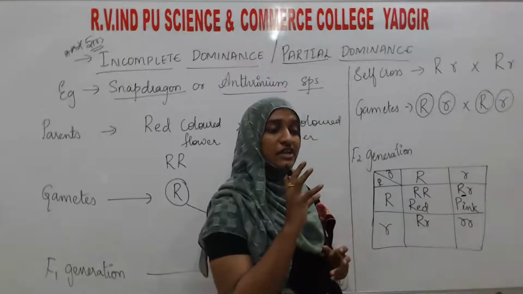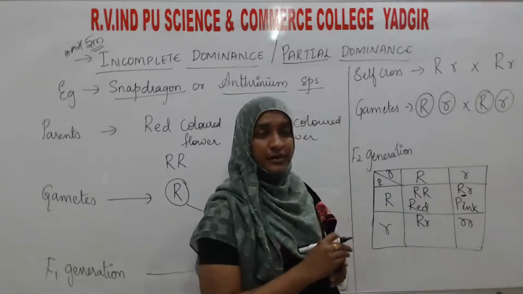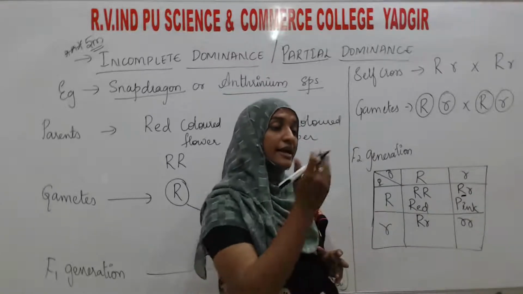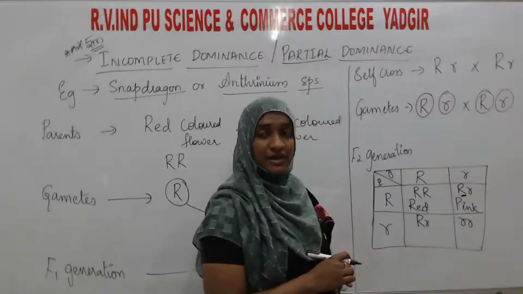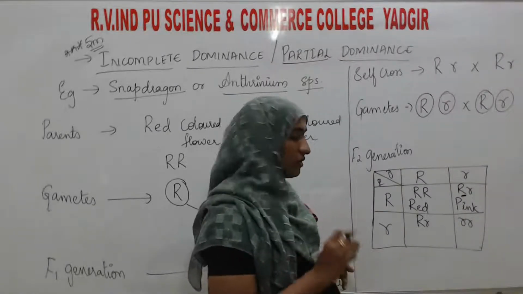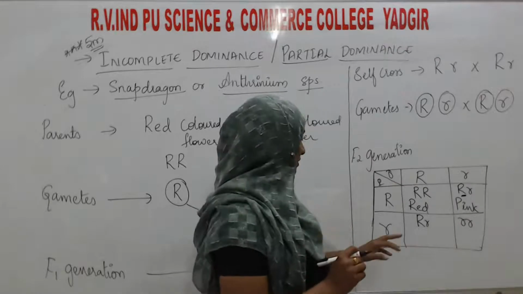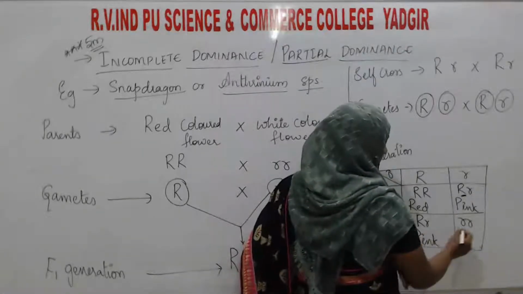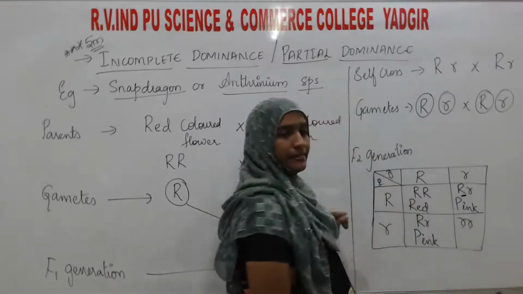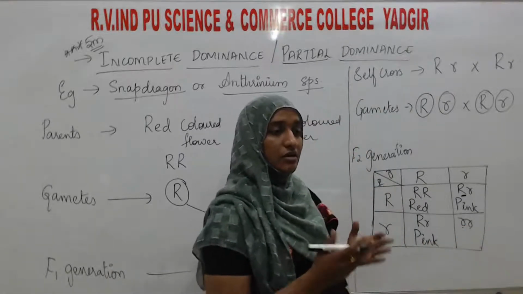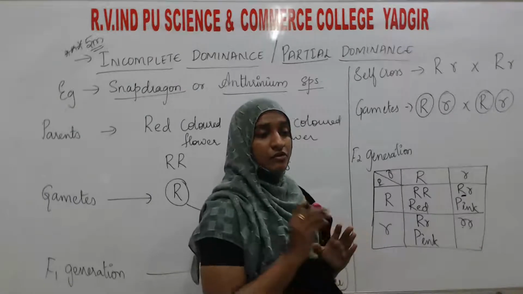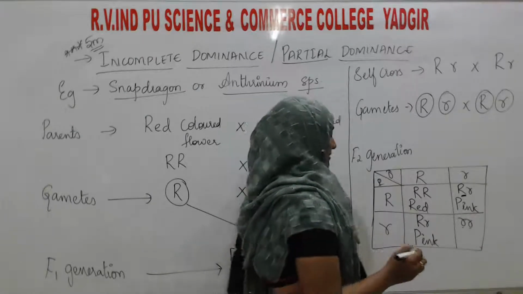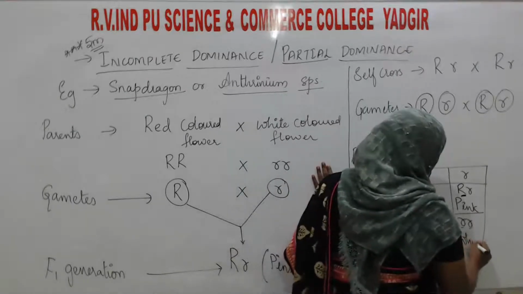Incompletely dominant means they are going to make some new offspring, which is not identical, not similar to their parents. So it will become pink color. Here also pink color, and here they both are recessive. Recessive means they both are not going to express their characters. So what is it? Small r, that is white color.